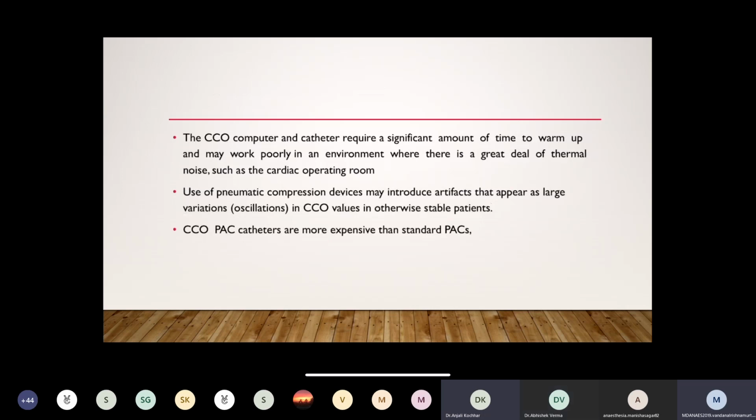All this is very important from an exam point of view. There are very limited indications, and when you do your cardiac posting, you must learn how to use this PA catheter and how to measure cardiac output using it. But these days it is very limitedly used. Even in cardiac surgery, the use is limited these days.